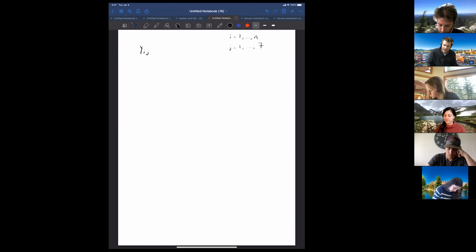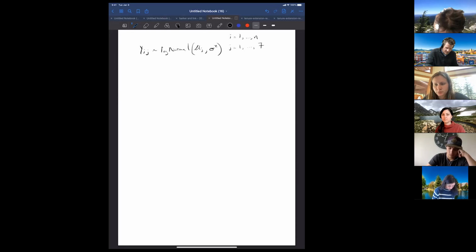Each site is going to have a mean, and that mean is described by mu of j. And each of our observations at site j are going to have some spread that's described by sigma squared.